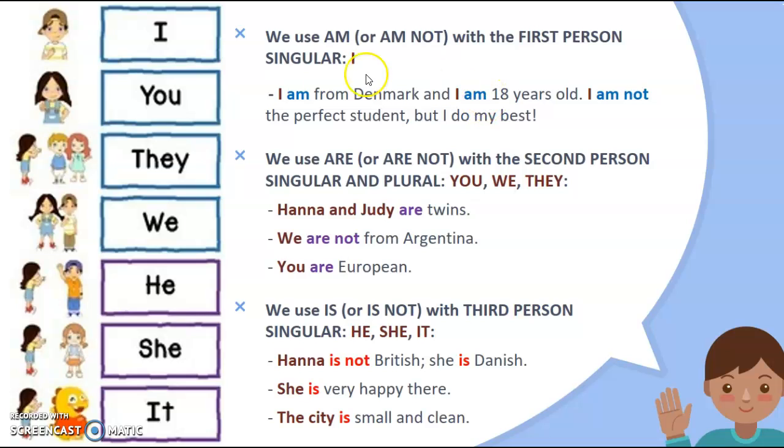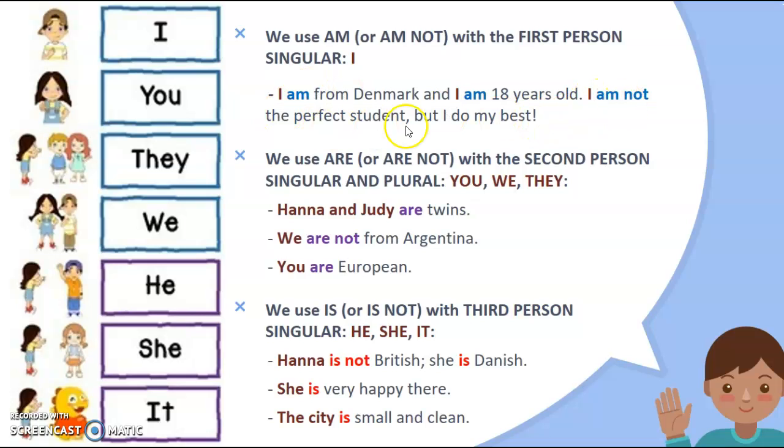Let's take a look at the following examples. I am from Denmark and I am 18 years old. So here we have the affirmative form of the verb to be, in this case am, because the personal pronoun is I. Remember that you should always use I am in this case.